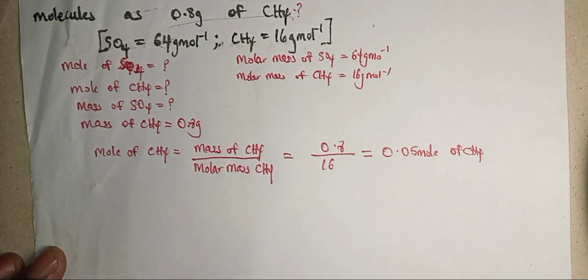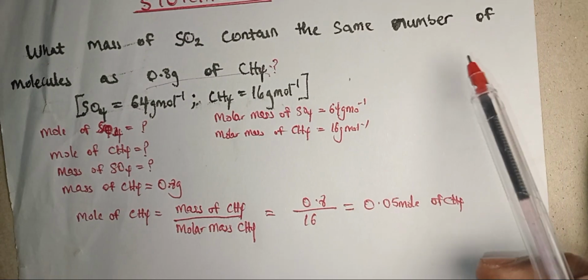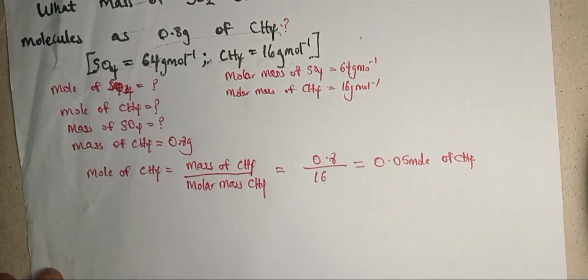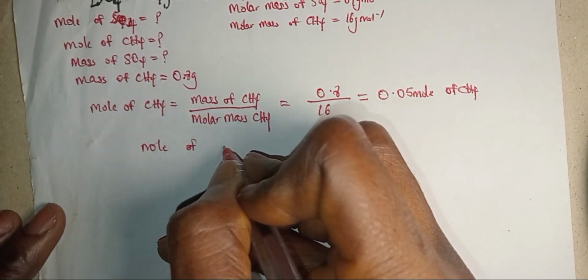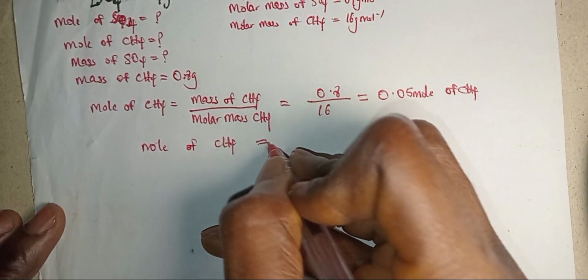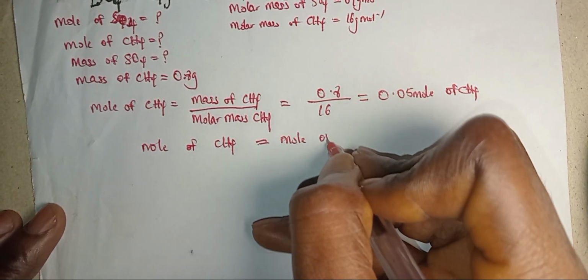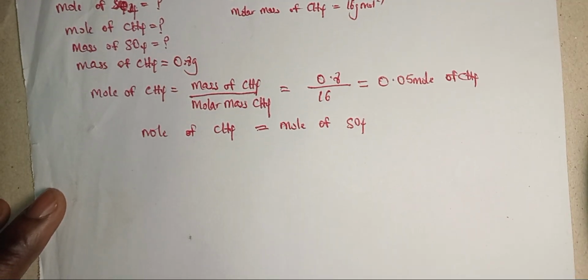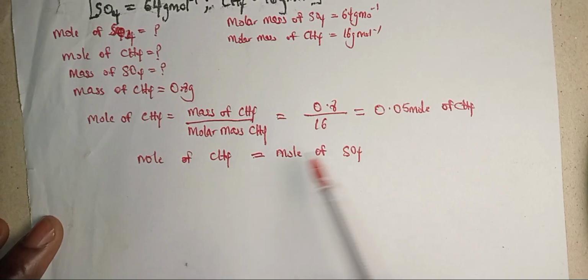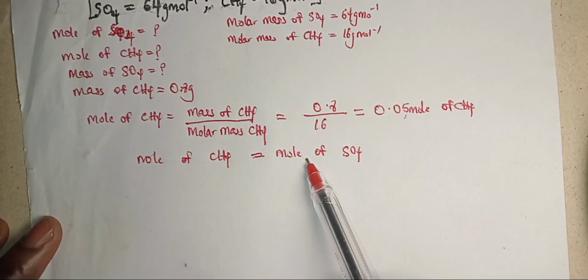So now, since the two of them have the same number of molecules, we can say that the mole of CH4 is equal to the mole of SO2. So if the mole of CH4 is 0.05, the mole of SO2 is also going to be 0.05.